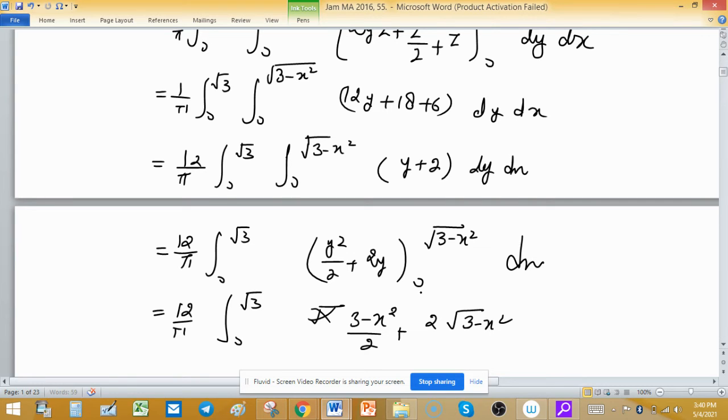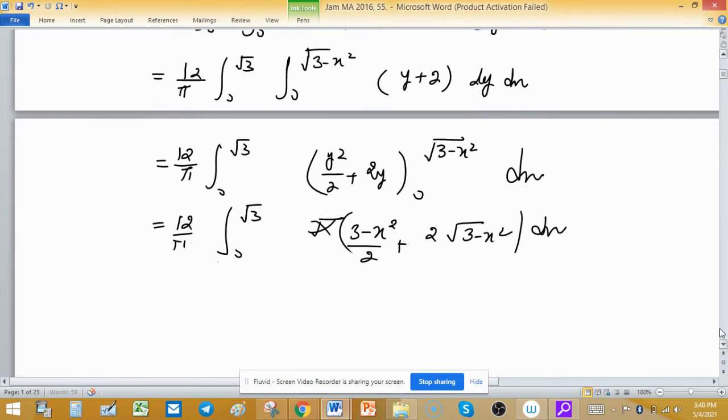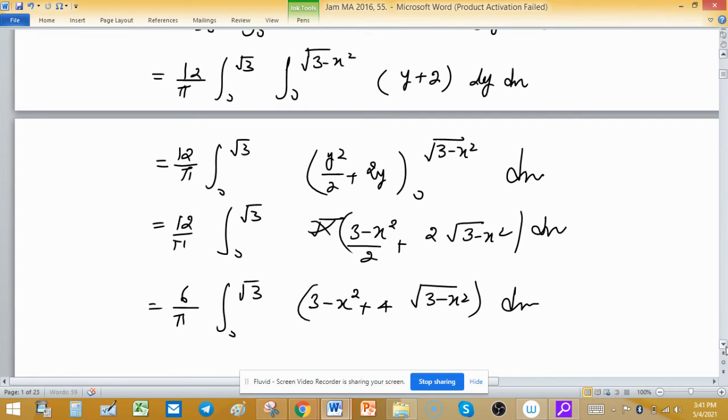Both terms contain y, so the lower limit makes all values 0, and we need to integrate with respect to x only. Taking 1 upon 2 common, it will be 6 upon pi, integral from 0 to root 3 of 3 minus x square plus 4 square root of 3 minus x square, with respect to x.